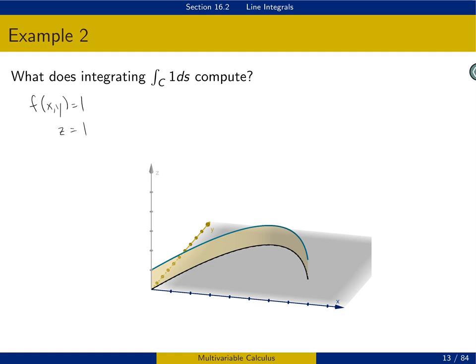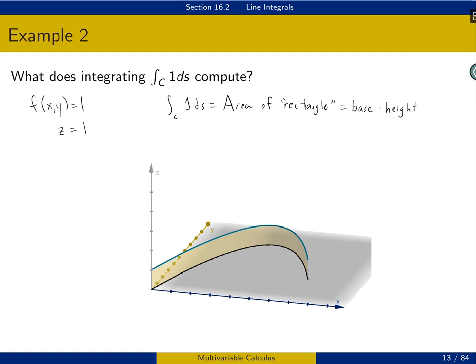And so the integral over C of 1 ds is equal to the area of this rectangle, which is just the length of the base times the height.